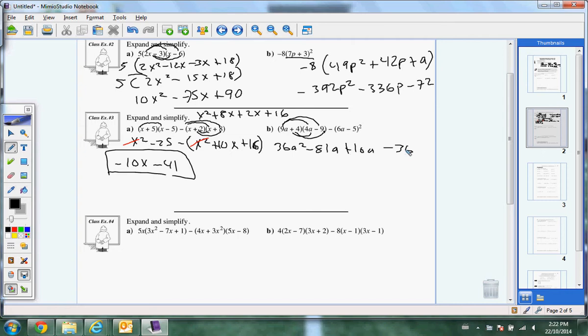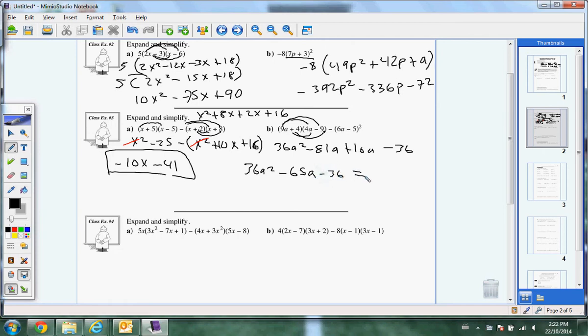So see, nothing cancels there because they're not opposites. So 36a squared, and then negative 81 plus 16 is negative 65, and then we have our minus 36.